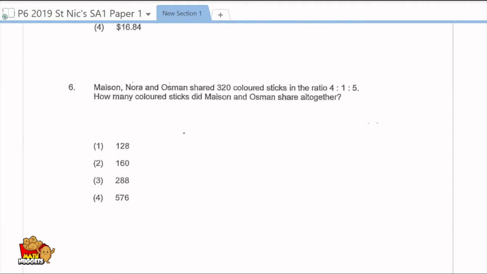Question 6, we have M, N, and O. Let me write down the ratio that's given. 4:1:5. And in total they share 320. So 4 units plus 1 unit plus 5 units gives me 10 units.